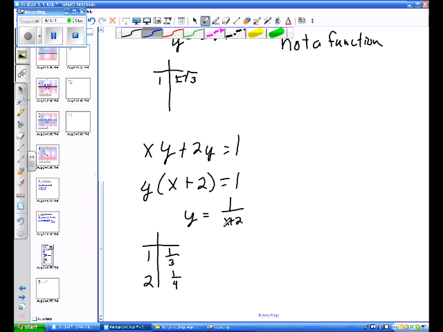Now we do know that in this one x cannot be negative 2, because then that would make the denominator 0 as far as solving for y. But as far as substituting in a negative 2 up here for x, we would still get a value.